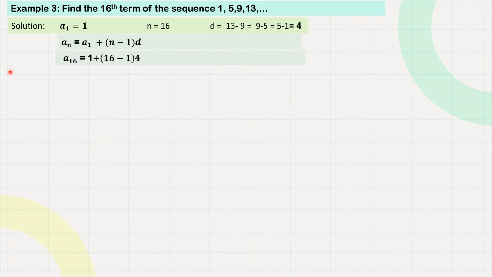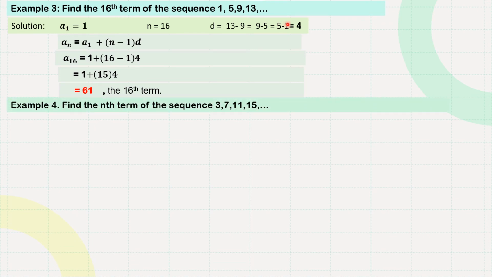Substitute. Una lang naman, unang step to solve, identify the given. Next, yung formula. Tapos, substitute yung given sa formula. Tapos niyan, i-simplify. 16 minus 1, 15 times 4, plus 1 is 61, the 16th term of the sequence 1, 5, 9, 13.